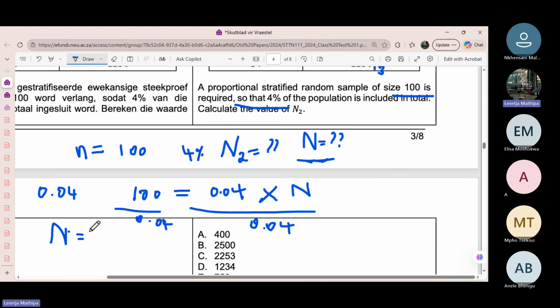On your calculator, type 100 divided by 0,04. Please tell me the answer.